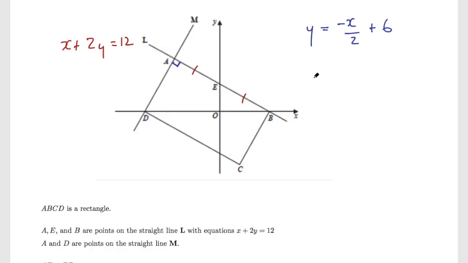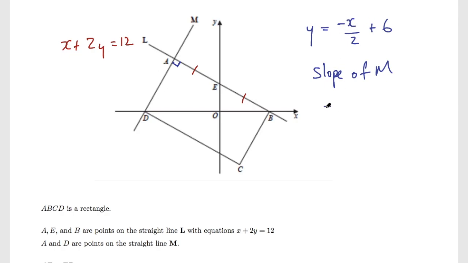So the slope of M is going to be the negative reciprocal of the slope of L. And the slope of L is given by -1/2 from this equation.